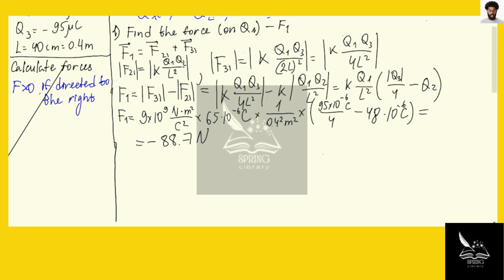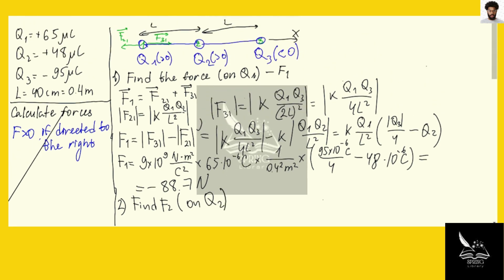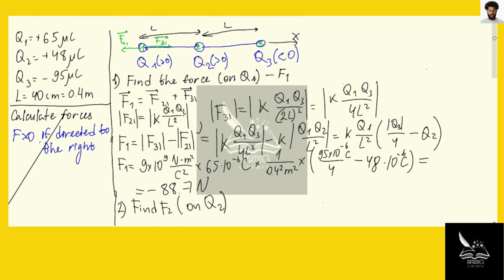Now let's calculate F2, the force which is created by the electric field on the central charge, Q2. Let's look at the scheme. Q1 and Q2 undergo repulsion.